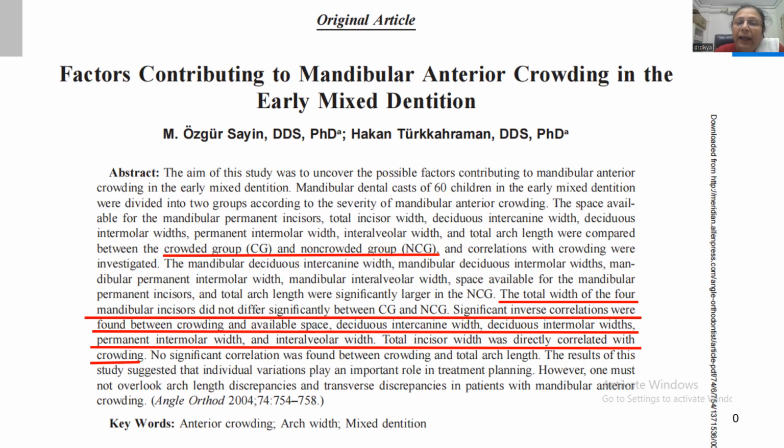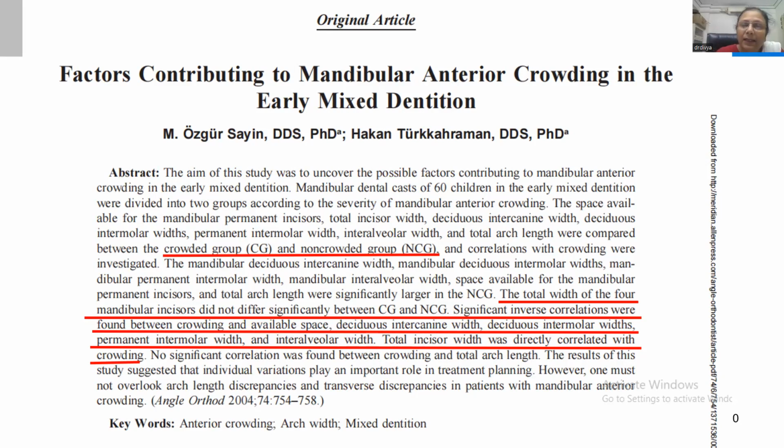Deciduous intercanine width, that is a new finding, and deciduous intermolar width, the permanent intermolar width and the interalveolar width, and the total incisor width were directly correlated with the crowding. So this report says if the intercanine width and deciduous intermolar width are deficient, definitely there will be crowding.